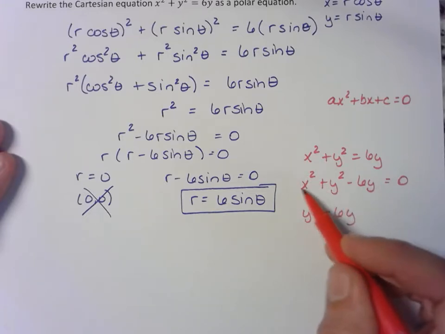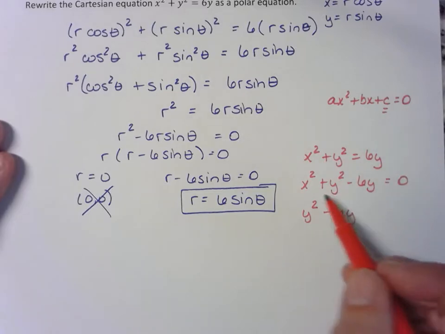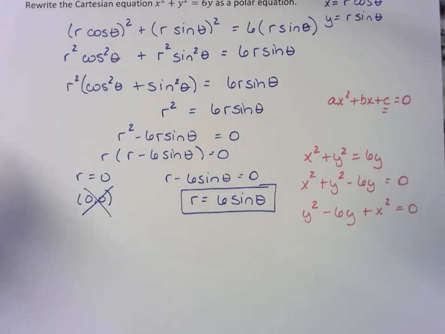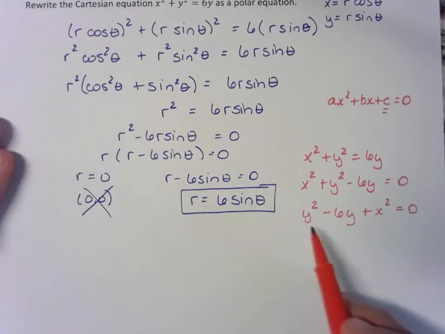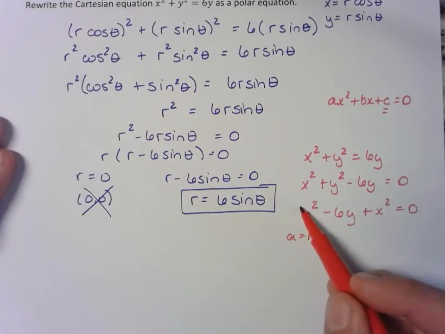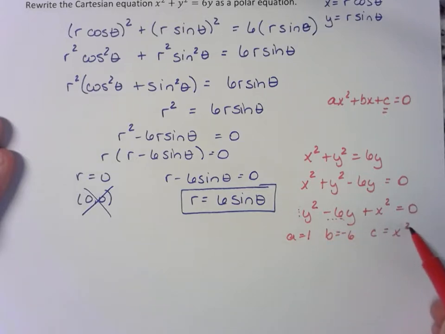This term does not have a y in it, just like this term does not have an x in it. That means x squared is actually our constant. I know this looks a little strange, but stay with me. This is a quadratic equation where a is 1, b is -6, and c is x squared. That's your constant right there.